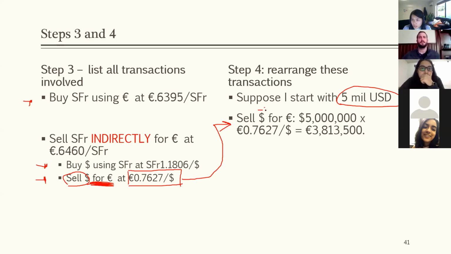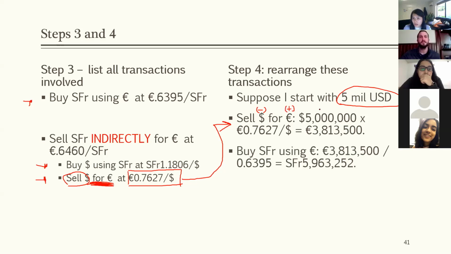So in the first transaction, I have sold the USD to buy the euro. Okay. In my second transaction, I'm going to use that euro to acquire the franc. Okay. So here I'm offloading my euro to acquire the franc. So looking back on my left-hand side, this is the transaction that I want.